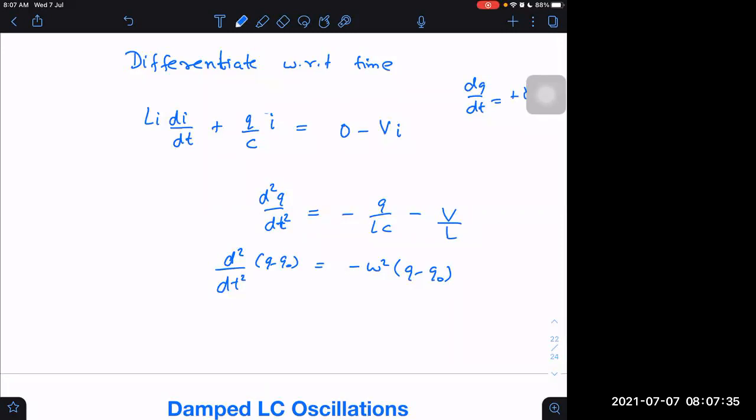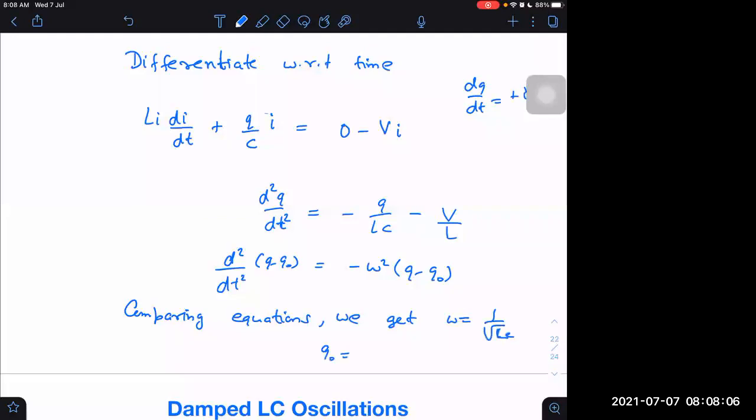What is now the value of q naught here? By comparing equations, we can get omega is equal to 1 by root of LC, and q naught will be equal to plus q naught.